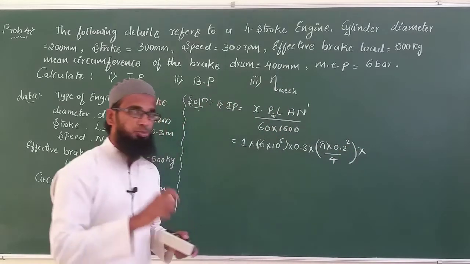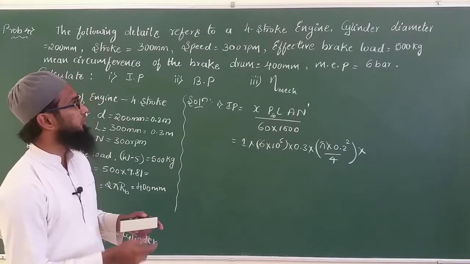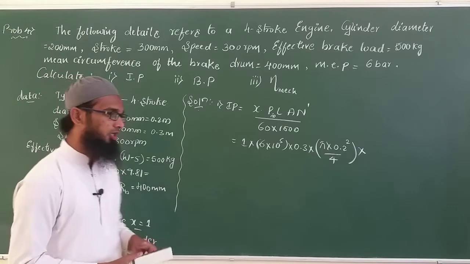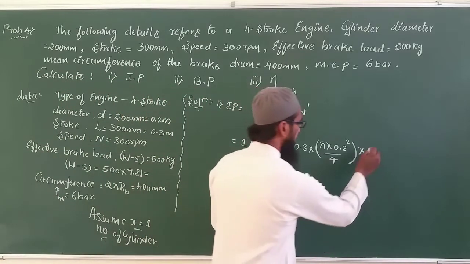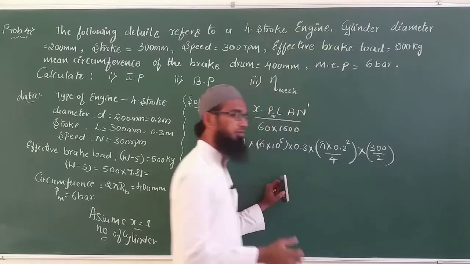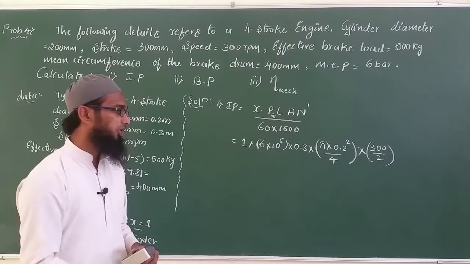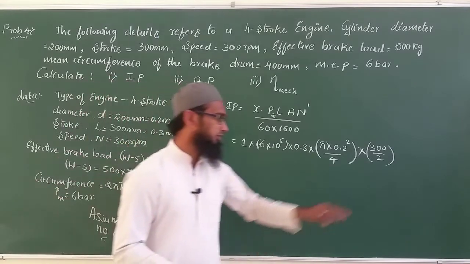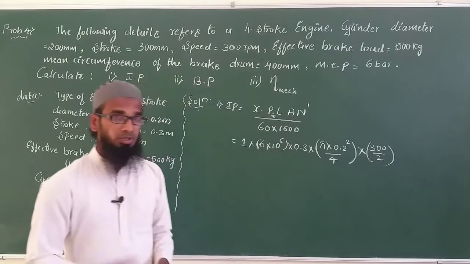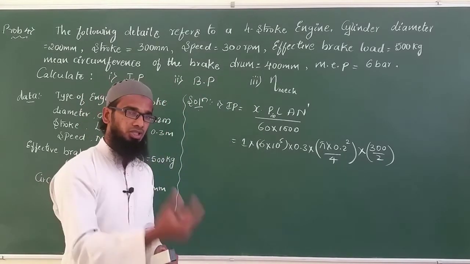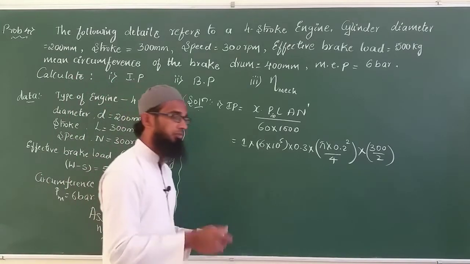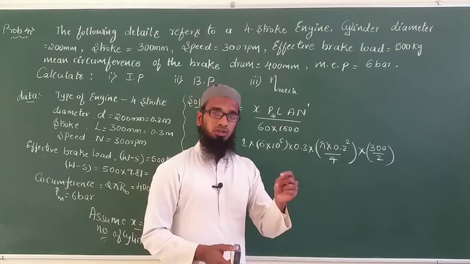And N dash means the speed of the engine. Since it's a 4-stroke engine, we have to take half of the given speed of 300 rpm. Why half? Because for every 2 revolutions we generate the indicated power. But in the case of a 2-stroke engine we take the same speed as given.